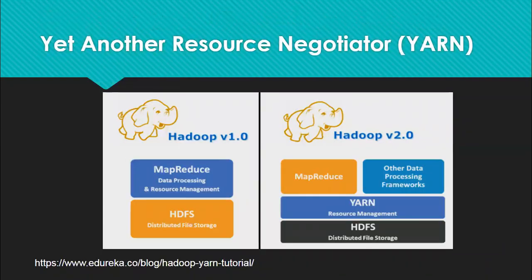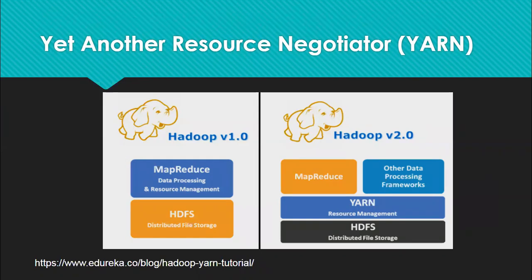Next point is, whatever we have seen is Hadoop version 1.0, where only two things are implemented in Hadoop. One is HDFS, the Hadoop Distributed File System storage structure. And second is MapReduce, where you write code in a mapper and reducer for processing the data.